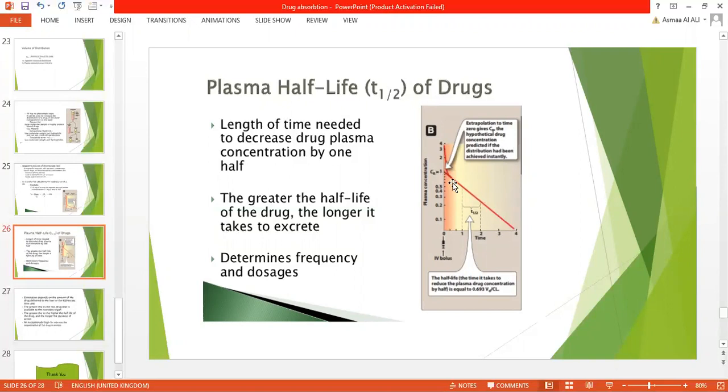Here in this plot we indicate the half-life, which is the time it takes to reduce the plasma drug concentration by half. In case of rapid injection, the drug reaches the circulation directly at time 0, C0.